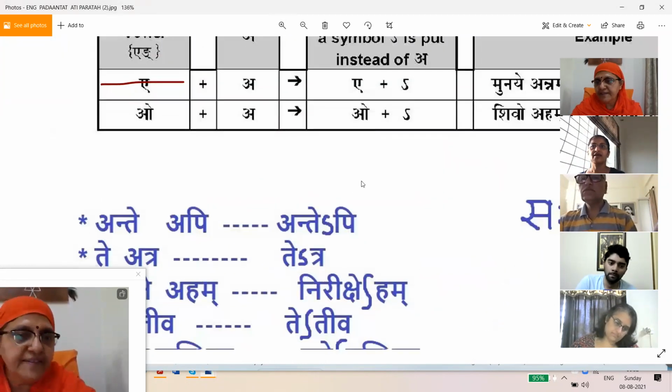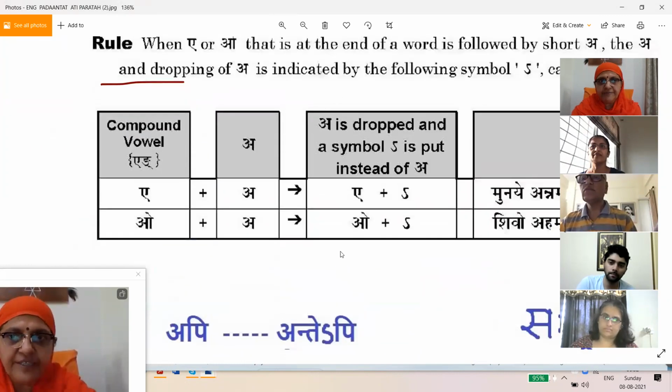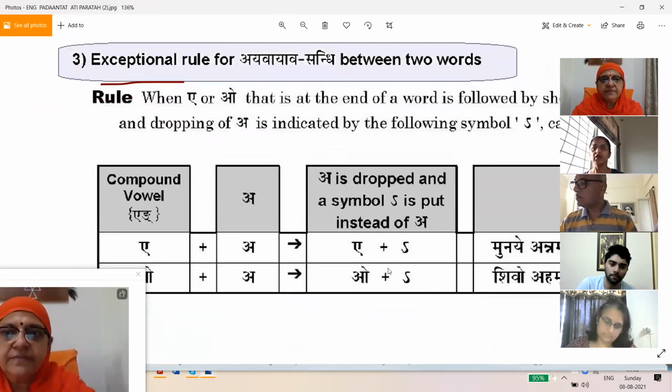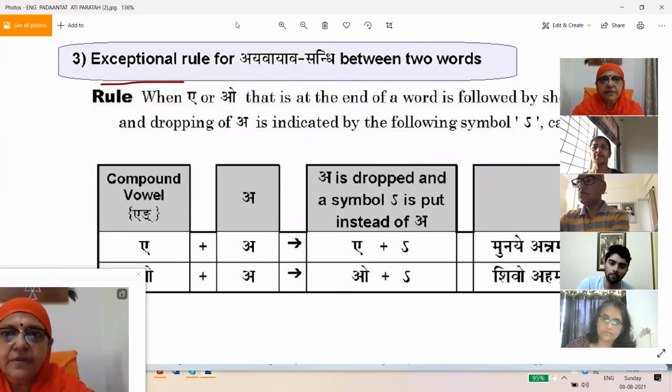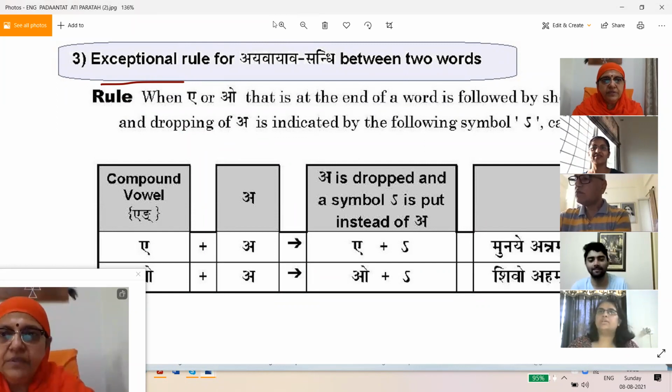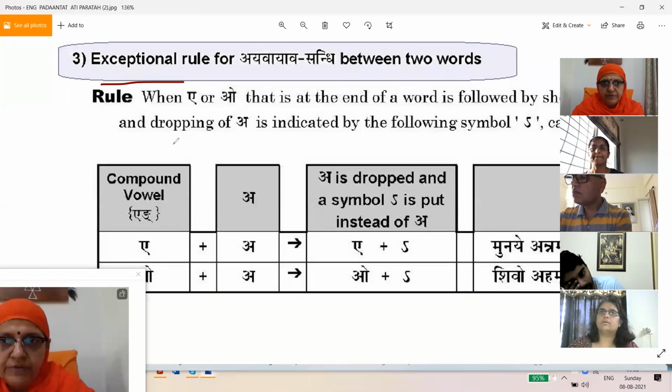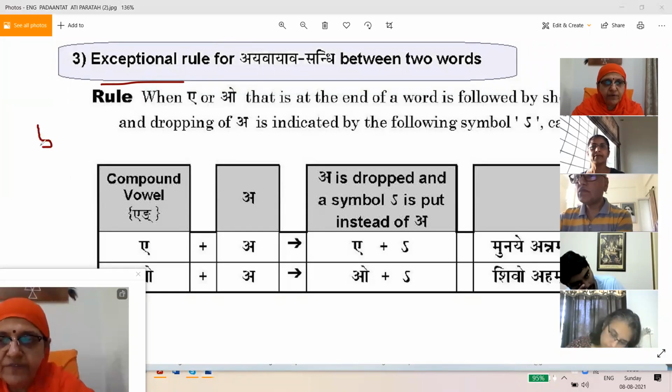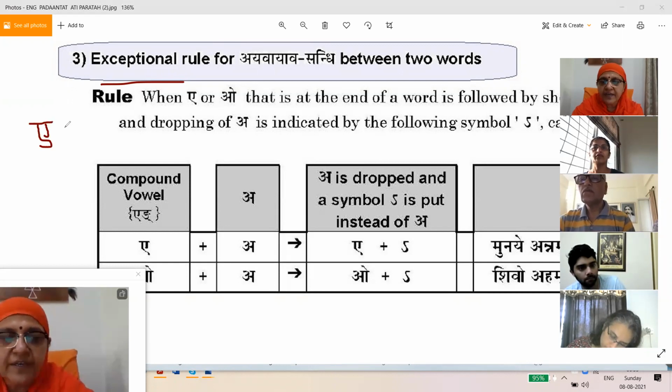Now there is one exception on ayav sandhi. What we have seen within a word: if E is followed by any vowel, then E becomes Ay, and if O is followed by any vowel, it becomes Av.